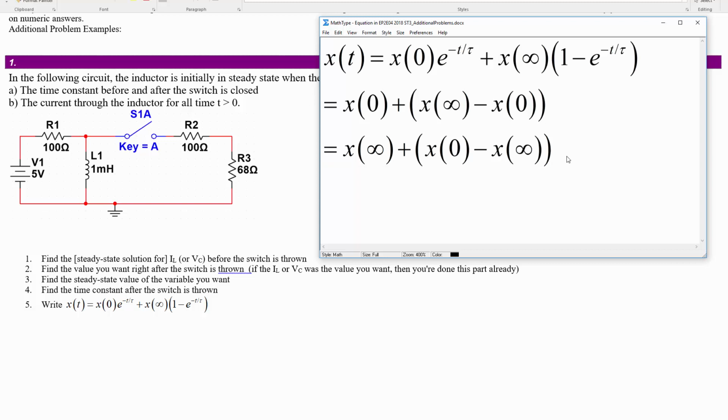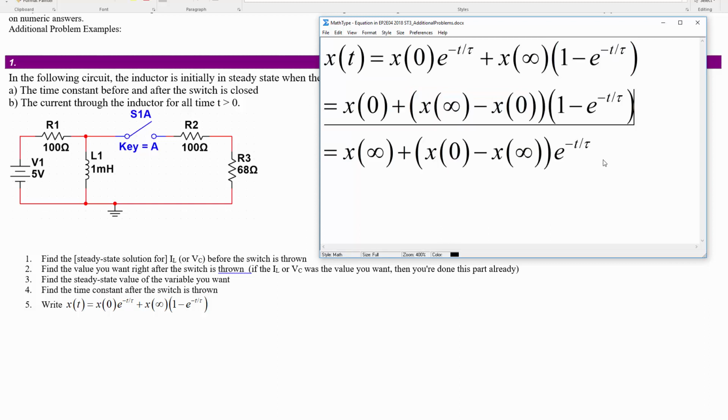So in this form, we have to have this term initially be there and then disappear after enough time passes, which means we want the decaying exponential term. And in this form, we want this term to start at 0 and then eventually go towards 1 as enough time passes, which is what this term would be.